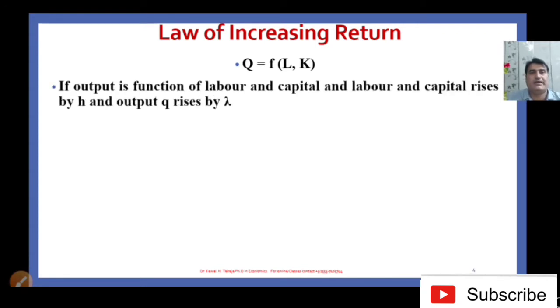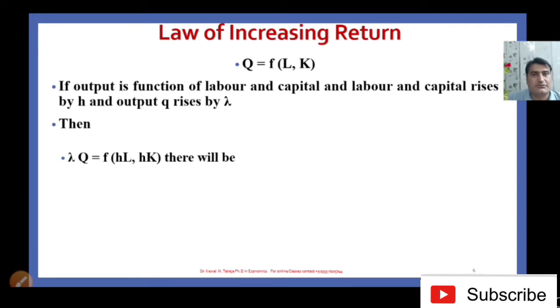Suppose labor and capital rise by H, and output Q rises by lambda, then lambda Q is a function of HL, HK.